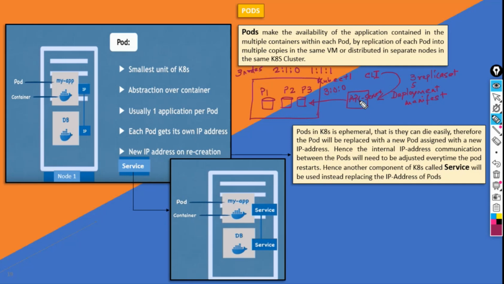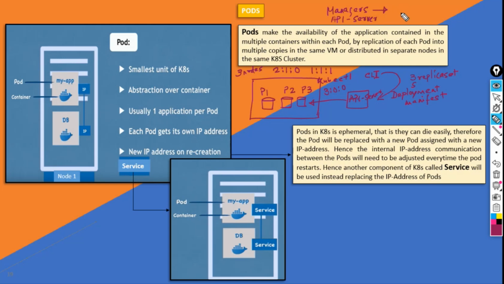API server does not do anything itself, like your managers. Managers do not do the work themselves. They will delegate the work to somebody. This API server is the main manager. So to whom will this work of creating those pods be delegated?